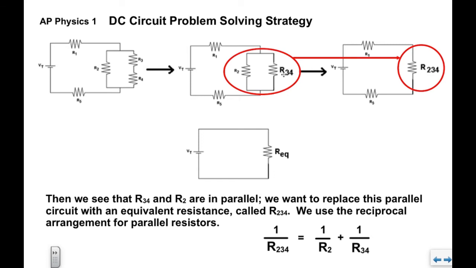Then we can see that R34 and R2 are in parallel, so we're going to use the reciprocal arrangement, and we're going to replace 2 and 3,4 with a single resistance, which we'll call R234. Now this resistor effectively replaces the entire parallel circuit here.